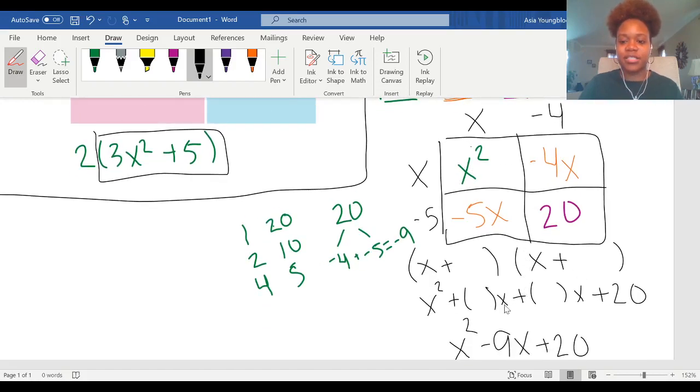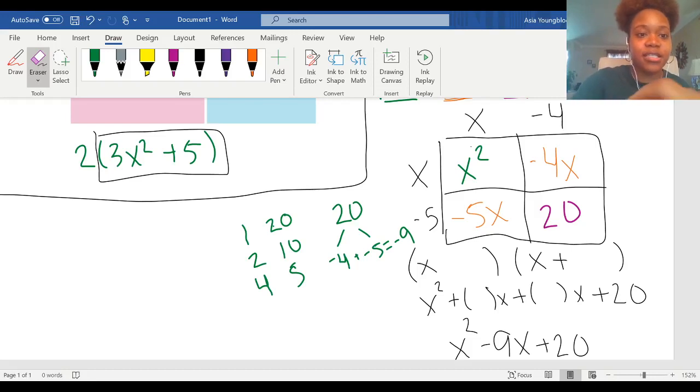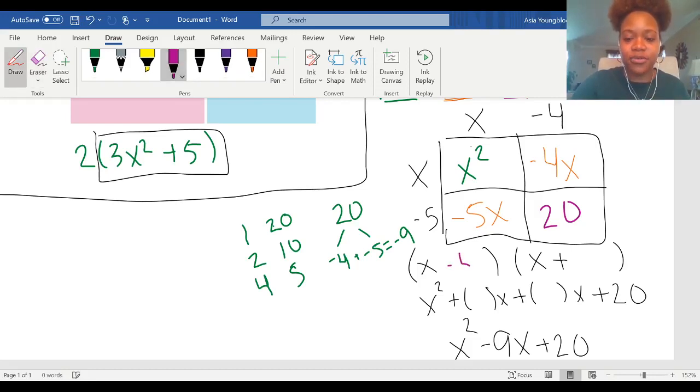So again, if you wanted to see that the long way, or how we were used to doing it 2 weeks ago, we would have x plus negative 4, which is the same thing as x minus 4, times x minus 5.